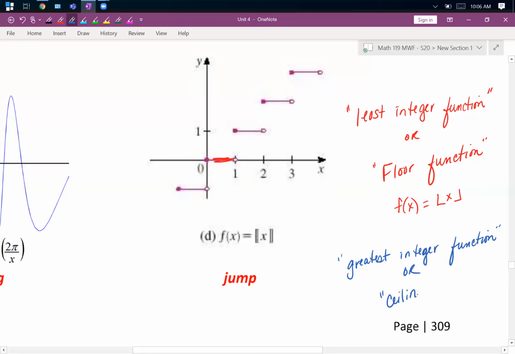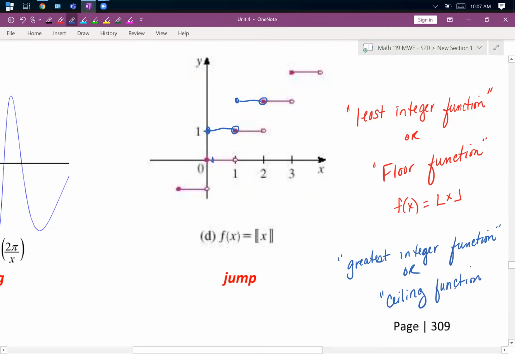What happens with this function is you're always rounding up. So if I put it on the same graph, the ceiling function would be here, because you're always rounding up. Even though the x value is 0.1, we're going to round up to the next integer.